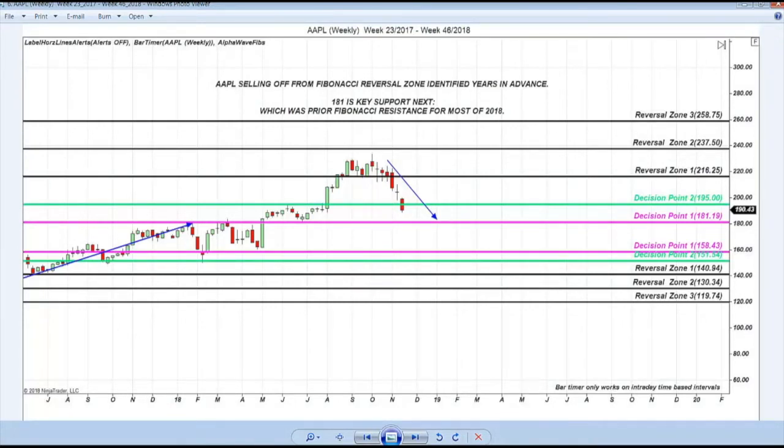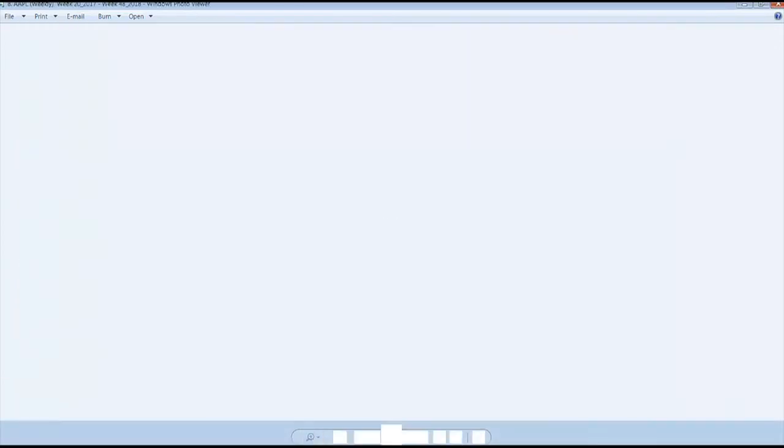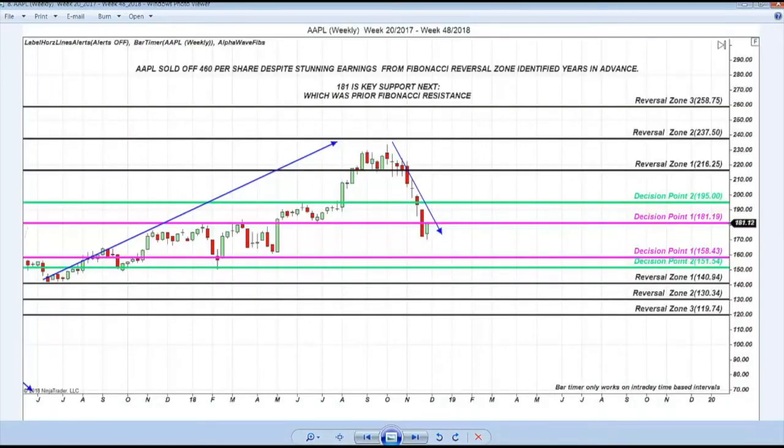To remember, it was key resistance in 2017-2018. 181 is out. Apple continues selling off. $181 is key resistance, just like 2017-2018.